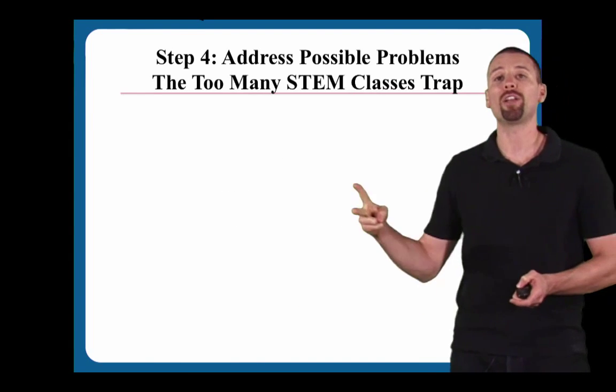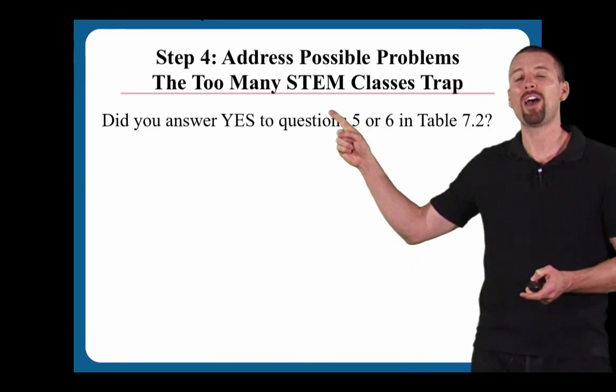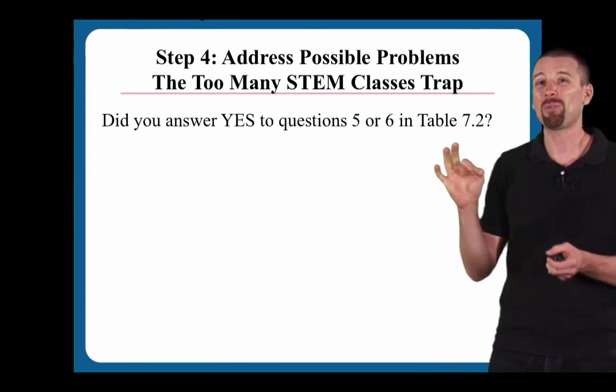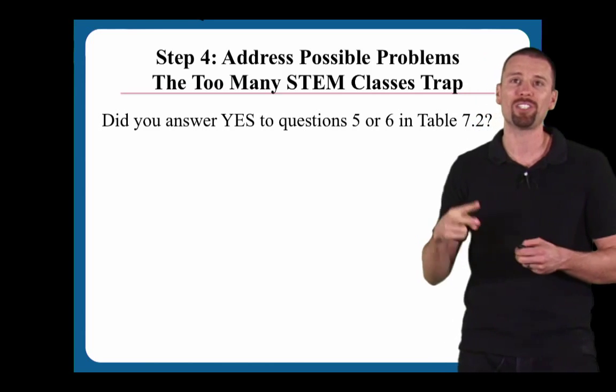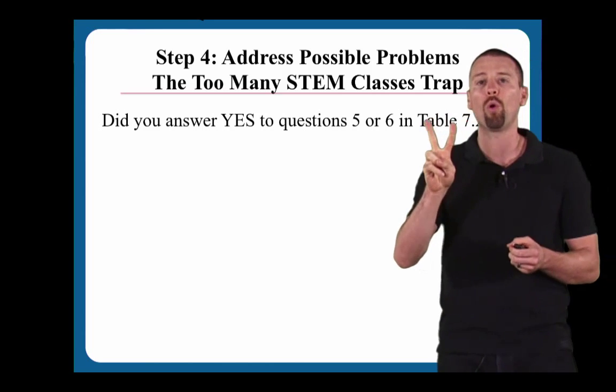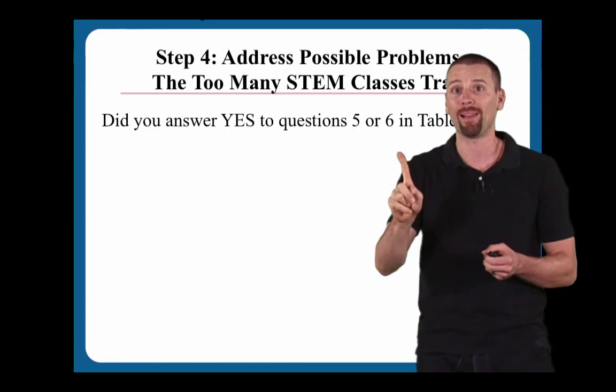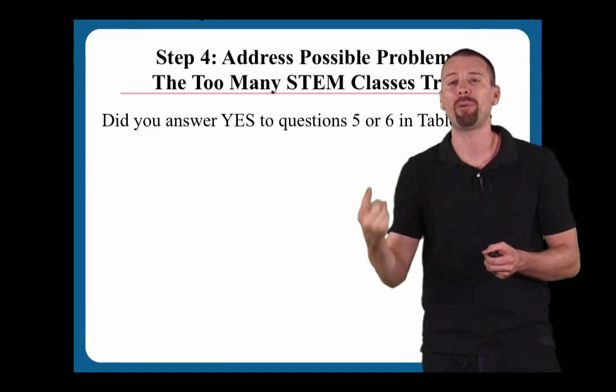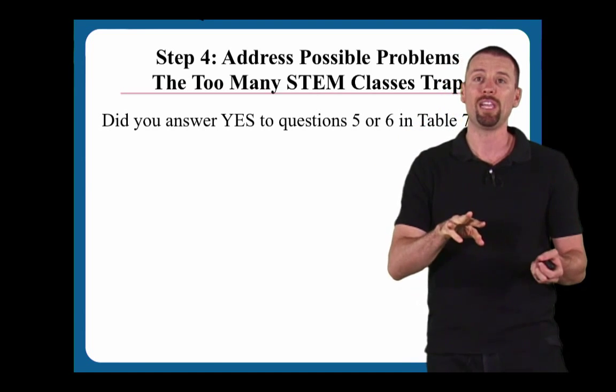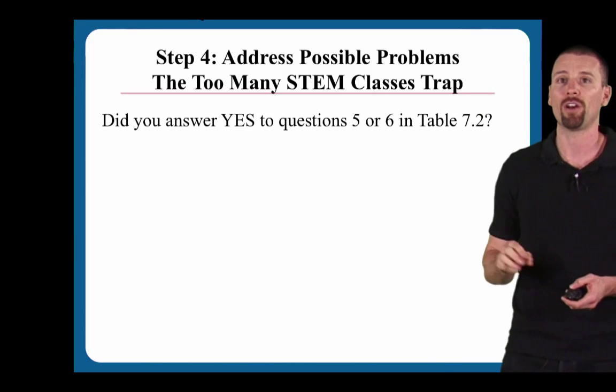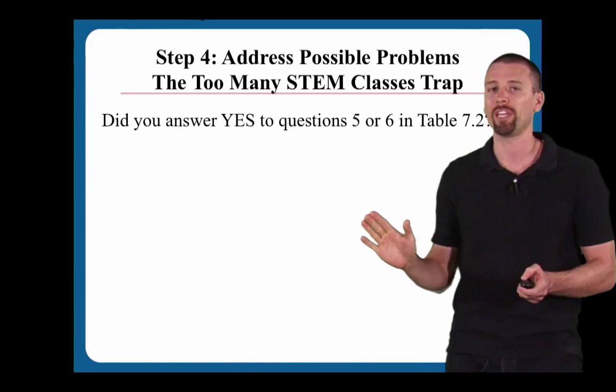All right, let's go on to the next 2 questions, which have to do with too many STEM classes. STEM classes take a lot of energy. In my experience, I could get A's in no more than 2 STEM classes a quarter, unless I had a very, very compelling reason to believe that I could do 3. Seldom did I do that in undergraduate. In graduate school, I could do it, but it was really hard.